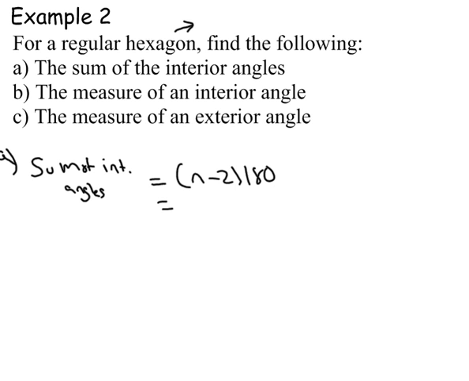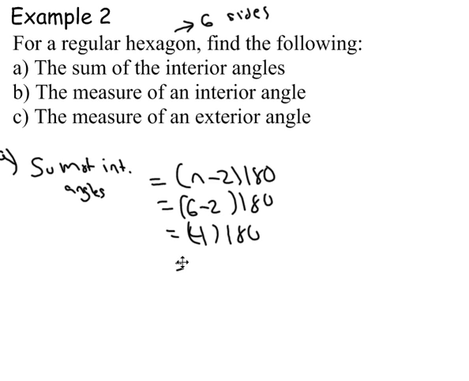A hexagon has 6 sides, so we get 6 minus 2 times 180. That's 4 times 180, and we multiply 4 by 180, and we get 720.